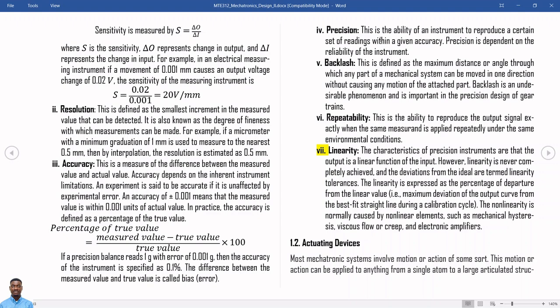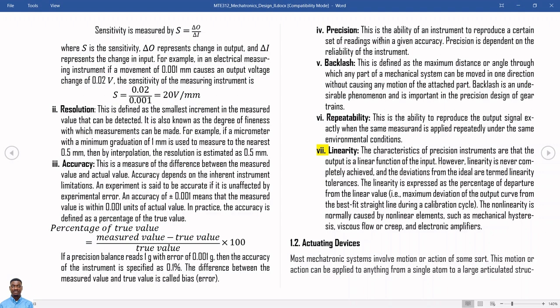If I use that same sensor to measure the same voltage, maybe I know the voltage of this system is 2 volts, and I use that same sensor to measure that 2 volts repeatedly, it should be able to give me outputs that will be within a given accuracy.